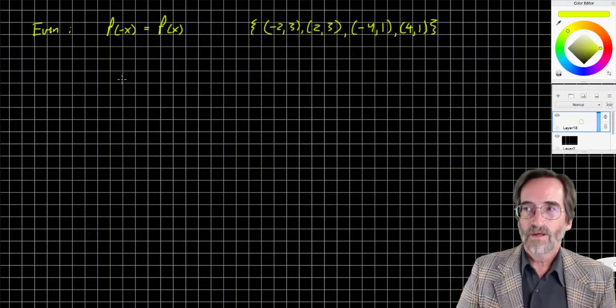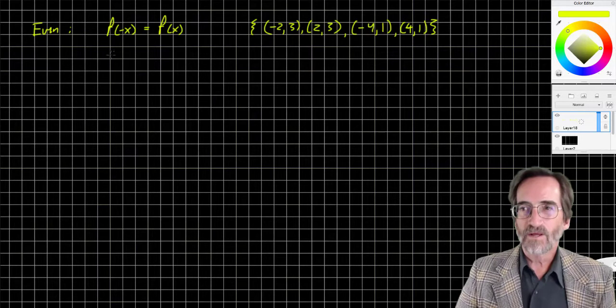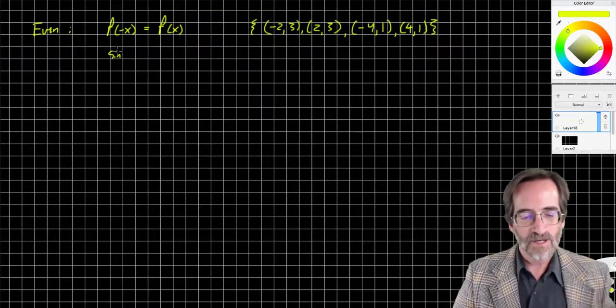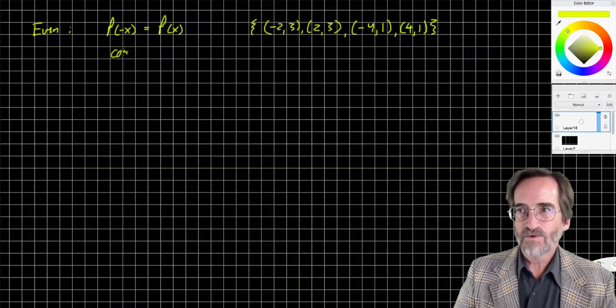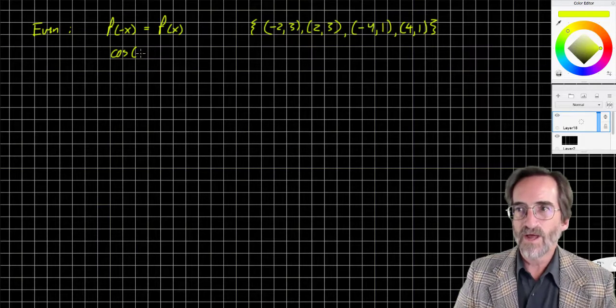And here's an example of an even function. Sine x, or not sine x, sine is odd. Cosine x. Cosine of x is even because cosine of negative x equals cosine of positive x. And this works for any x you choose.